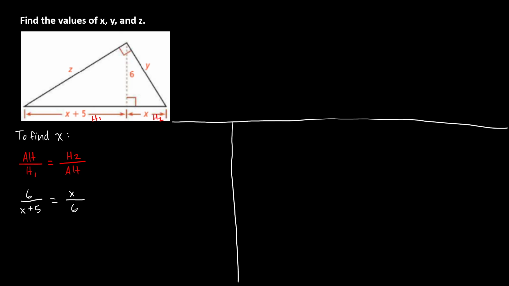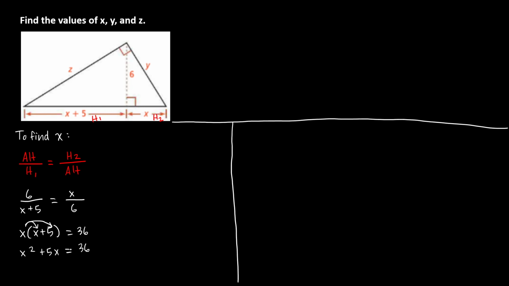So now I need to cross multiply. So I get x times x plus 5 is equal to 6 times 6, which is 36. I'm going to distribute the x. And so I'm going to get x squared plus 5x is equal to 36.